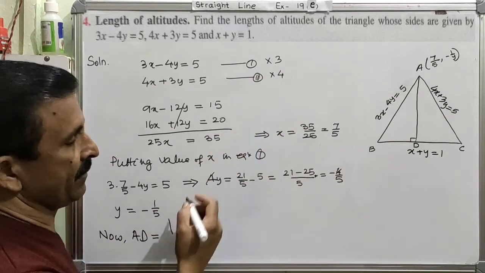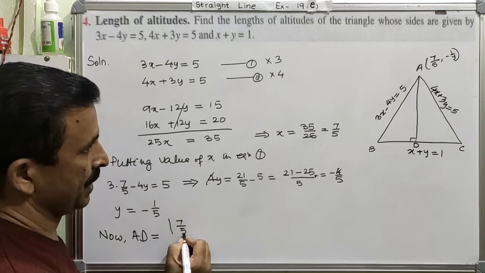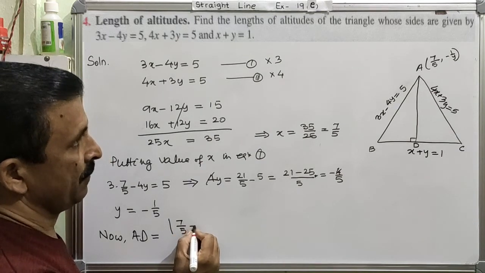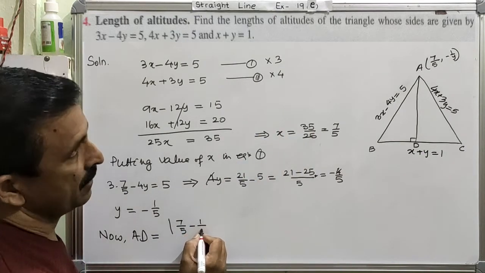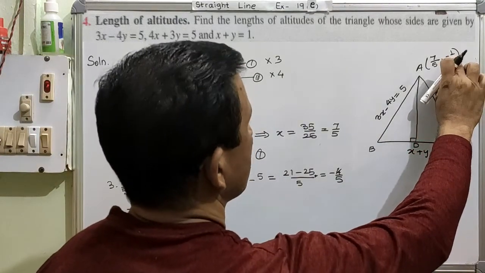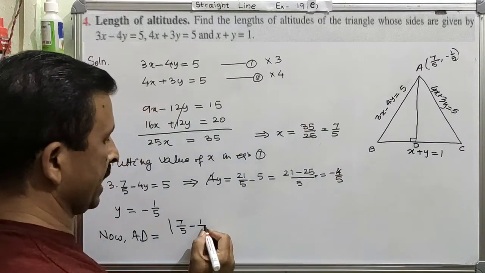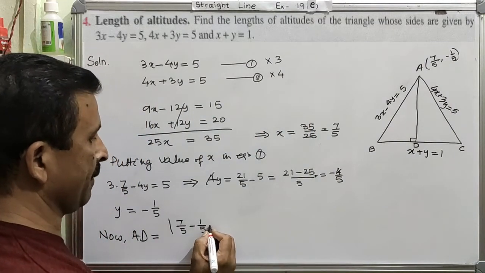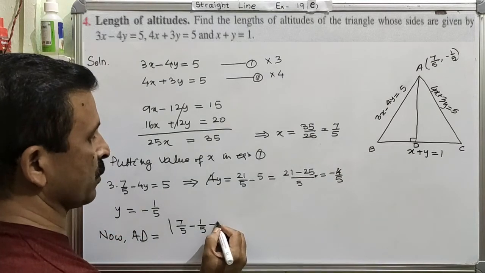For x, we use 7 over 5. Then for y, we use minus 1 over 5. And in this equation, this 1 will come to the left hand side, so it will become minus 1.